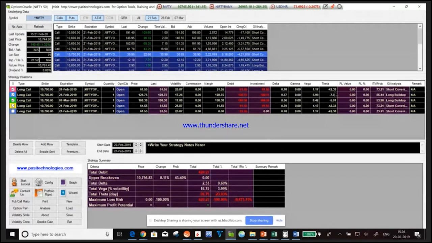Look at how theta is reducing as expiry is increasing. So now, whatever I have showed you in that rhombus, everything makes sense to you?